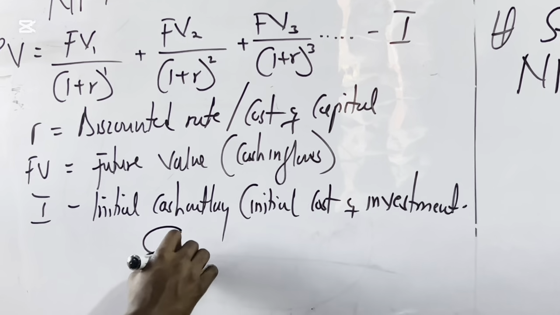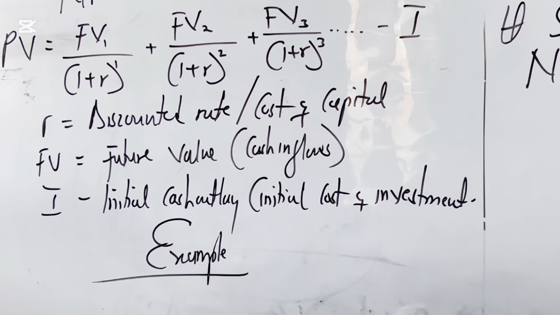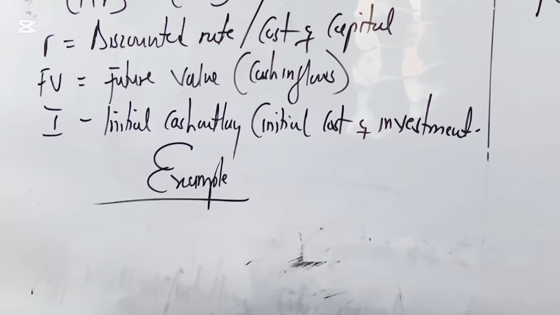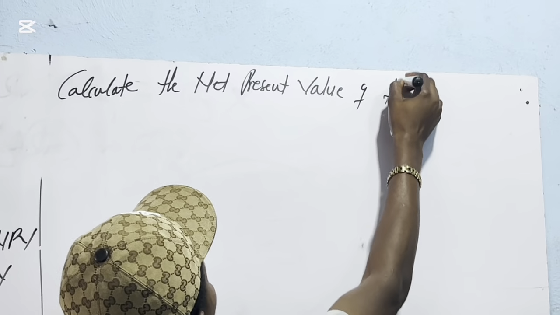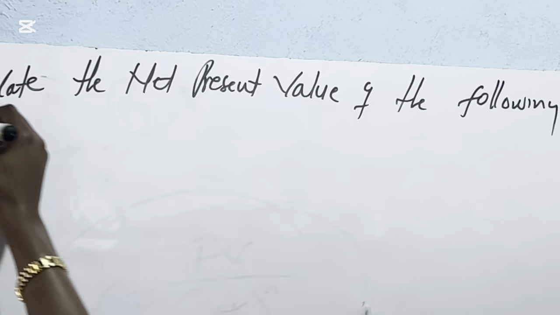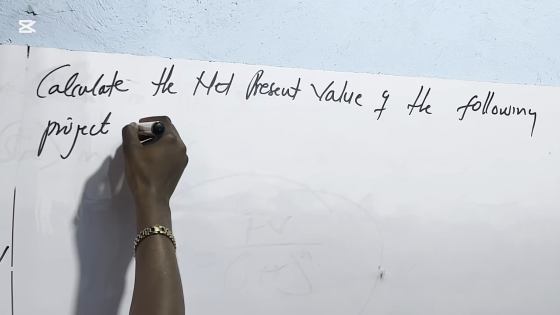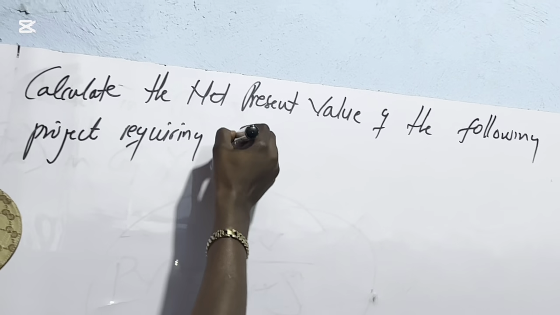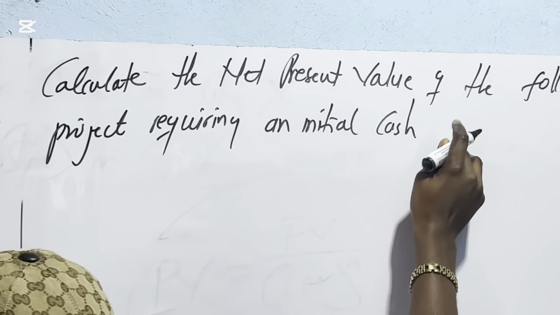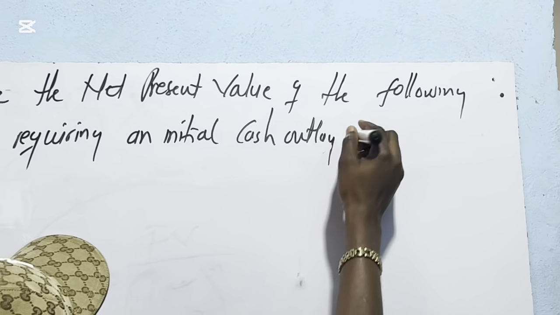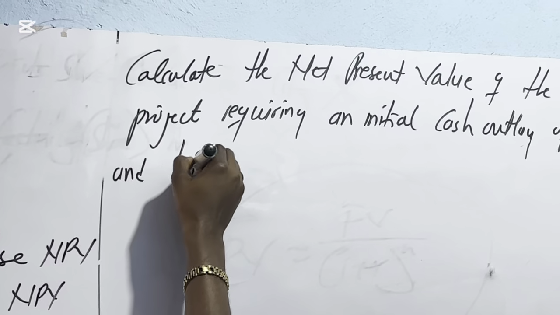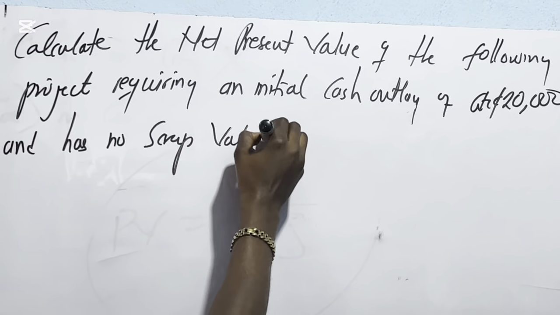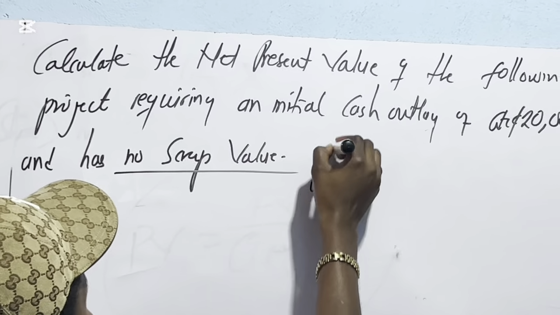Okay, now let's consider one or two examples. So for example, calculate the net present value of the following project requiring an initial cash outlay of 20,000 and has no scrap value after 6 years.